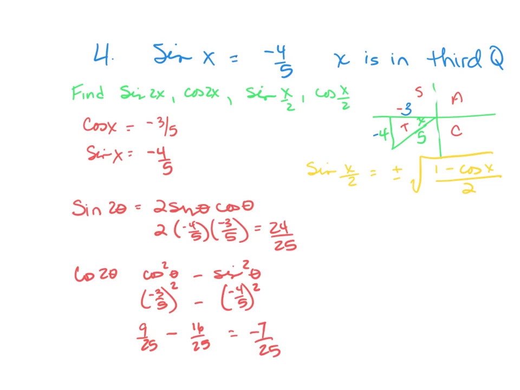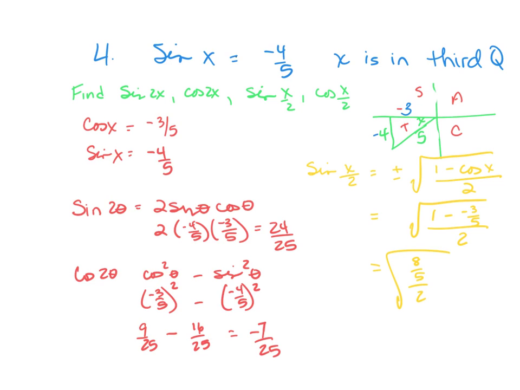Now the half angle: 1 minus cosine of x over 2, all under the hood, okay? So we're just going to plug and chug here. And this is where you have to kind of pay attention. So sine of x over 2 is equal to, let's leave the plus or minus alone right now, the square root of 1 minus negative 3/5 over 2, which is equal to 1 plus 3/5, which is 8/5 over 2, all under the hood.